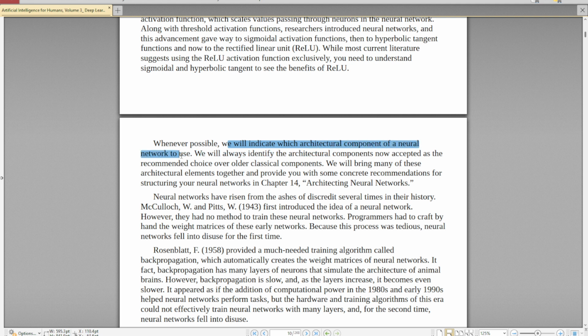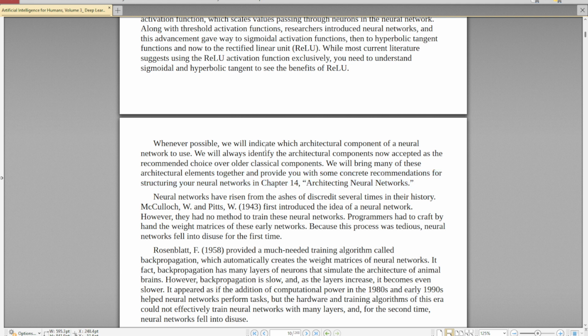We will indicate which architectural components of neural networks to use. We will always identify the architectural components now accepted as a recommended choice over older classical components. We will bring many of these architectural elements together and provide you with some concentrated recommendations for the structure of neural networks in chapter 14, maybe the chapter on architecting neural networks.